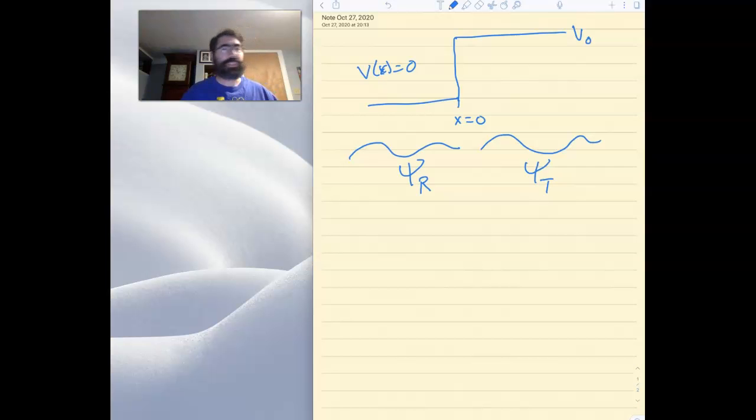To set it up, we write out the incident wave function, which is a free particle wave function.